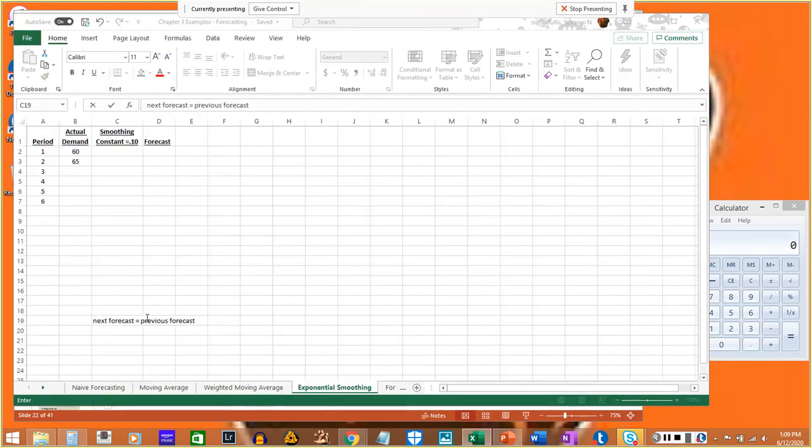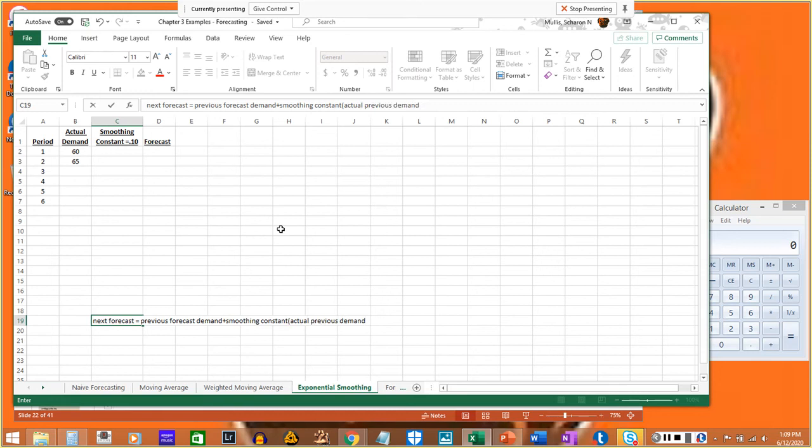So next forecast equals the previous forecast demand plus smoothing constant, which is all multiplied by actual previous demand minus previous forecast demand.